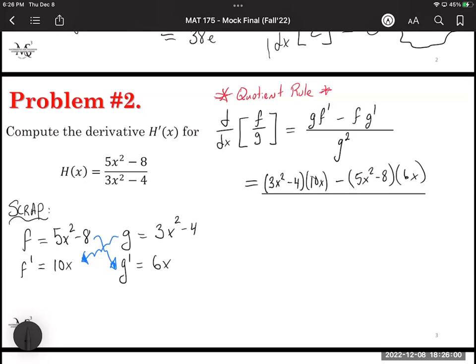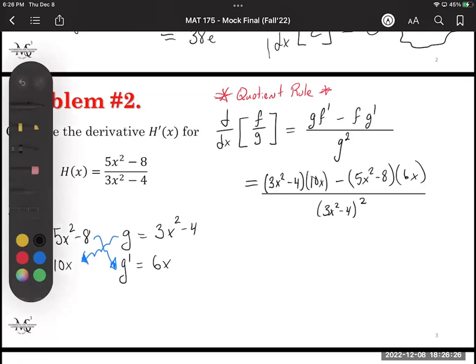Yeah, Carlos, that's a good way to remember it. Low D high, high D low. So g squared is 3x squared minus 4, so 3x squared minus 4 squared. All you have to do now with your quotient rule is simplify the top. The bottom you typically leave alone.